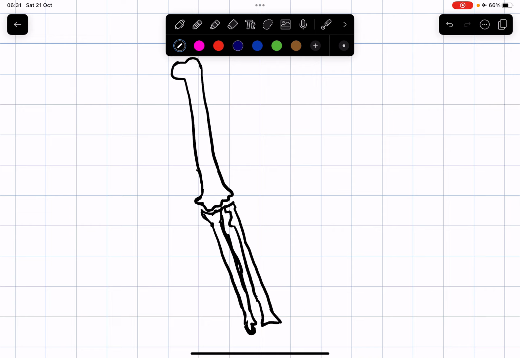Now the long axis of the arm is not coinciding with the long axis of the forearm. So there is actually an angle between the long axis of the arm and forearm.